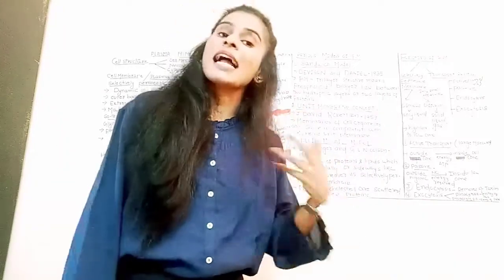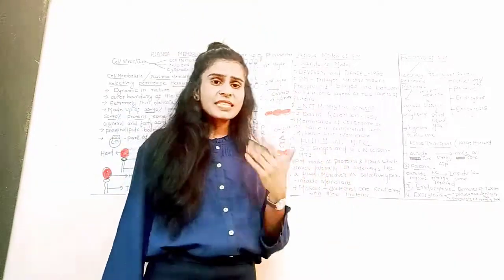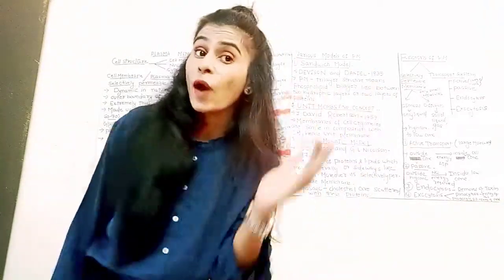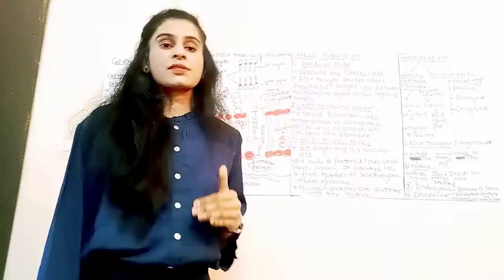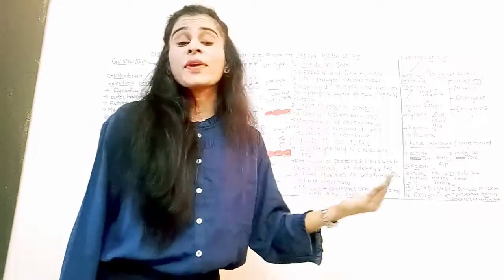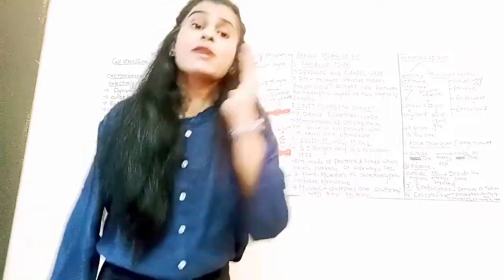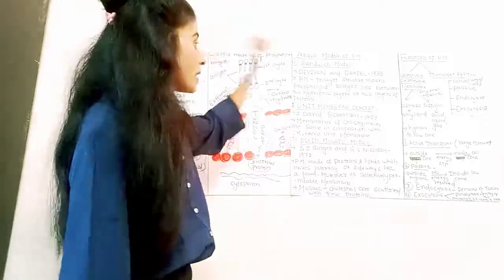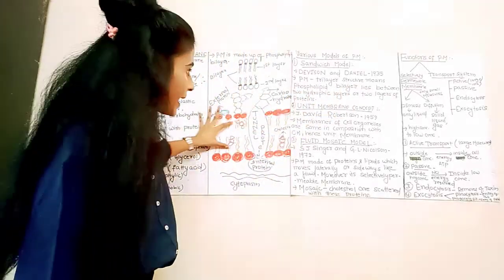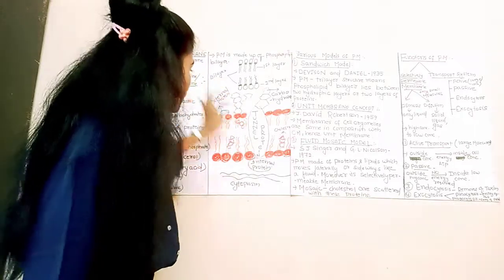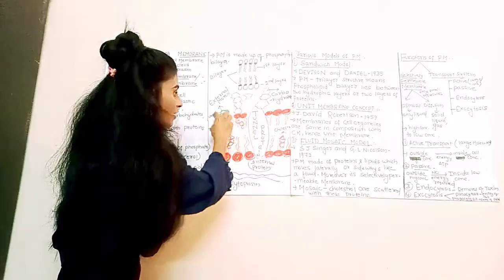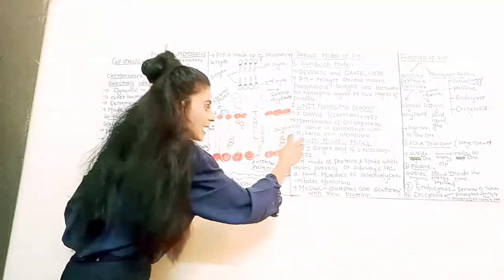Why is it called a sandwich model? Generally we know that phospholipid is a bilayer structure, but what they said is that it's a trilayer structure. This plasma membrane structure is a trilayer structure. Why trilayer? Here the phospholipid bilayer lies between two proteins. You can see the red and orange one, the first layer of phospholipid, the second layer of phospholipid.